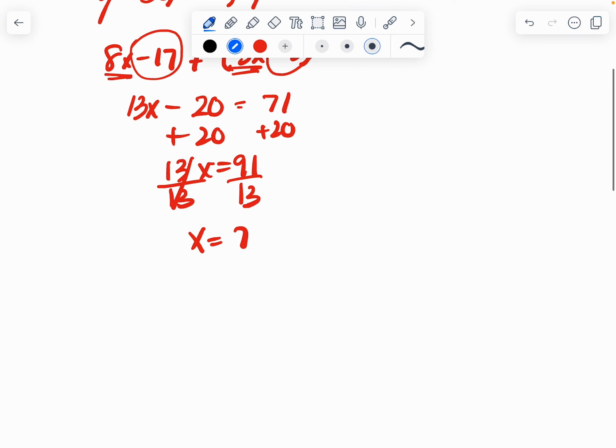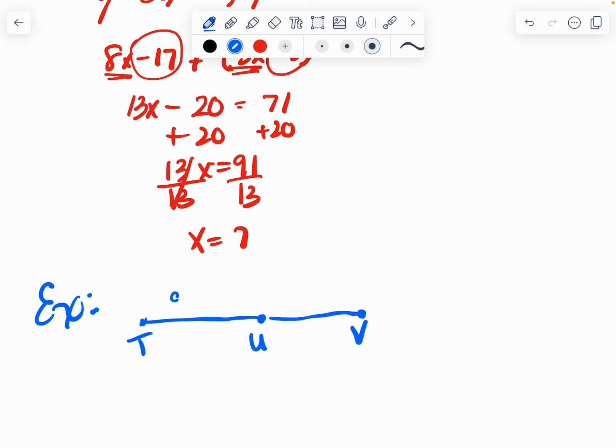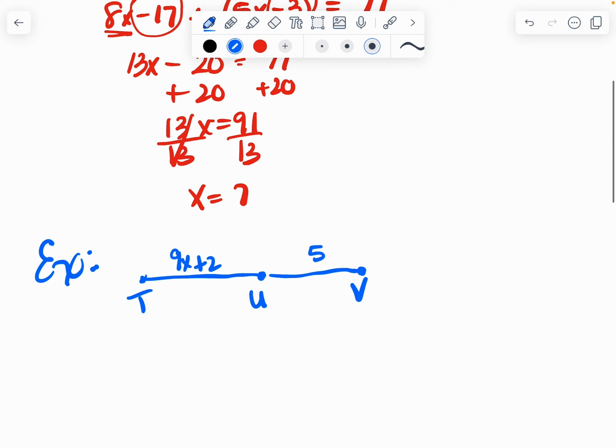Let's look at another example. This time, we have a line segment TUV, where TU is 9x plus 2, UV is 5, and I'm going to tell you that if TV is 14x minus 8, find TU.